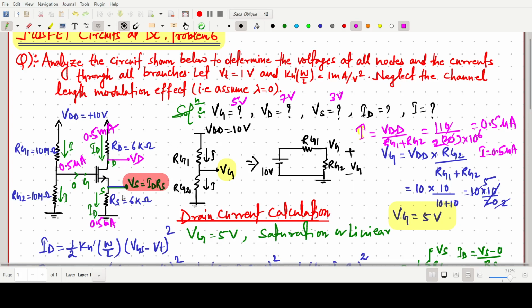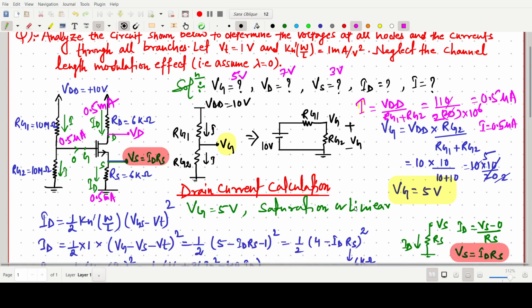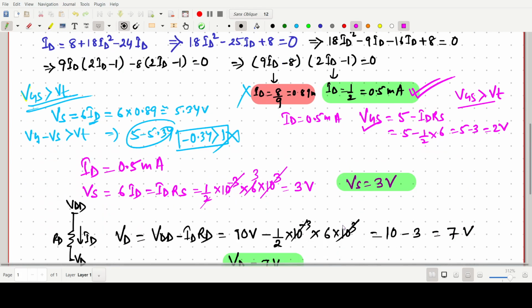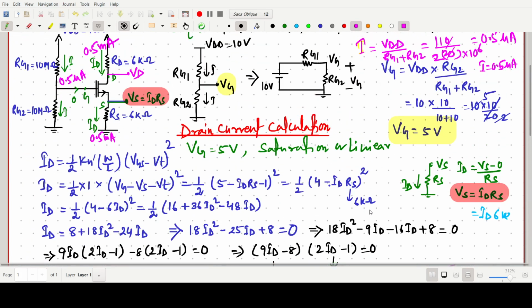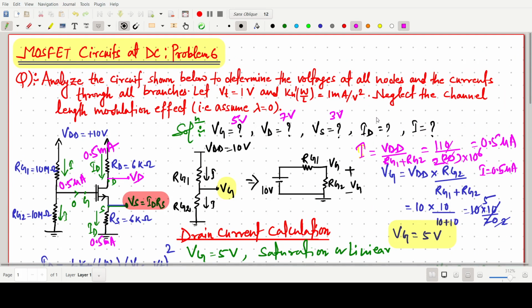So VS is 3 volt. Now ID is 0.5 milliampere, and this I, the current in the RG1 RG2 resistor, will be very small, that is 0.5 microampere.